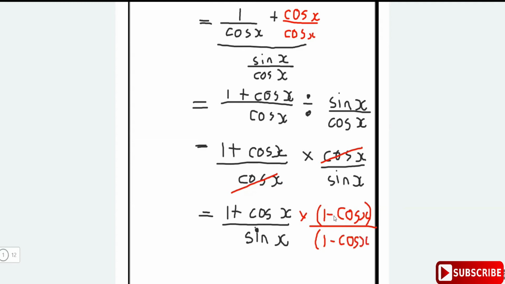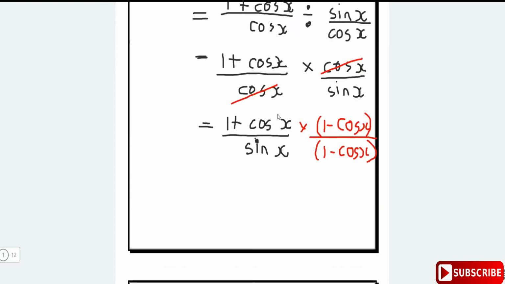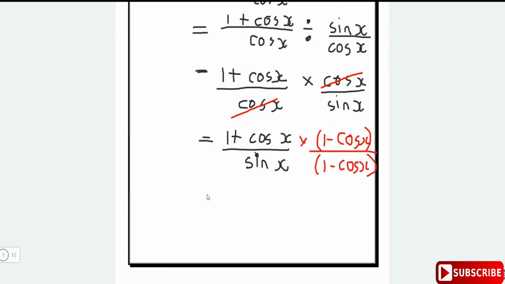Now, 1 plus cos x multiplied by 1 minus cos x is a difference of two squares, (a + b)(a - b). So now it's a squared, which is 1 squared, minus cos squared x. So we get (1 - cos squared x) over sin x times (1 - cos x).